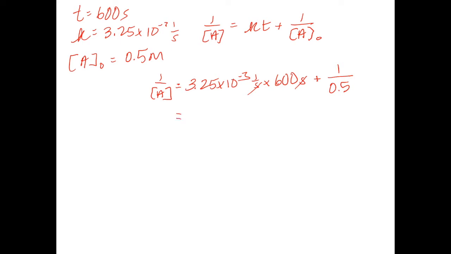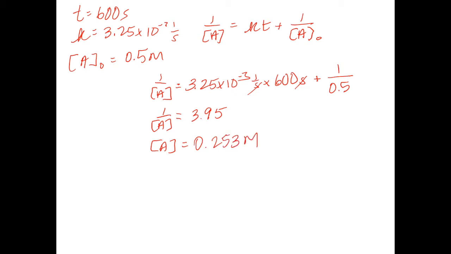Okay, we do the math. I get 1 over A is equal to 3.95. So now I just have to take the inverse. So I do 1 divided by 3.95, which is going to give me A.